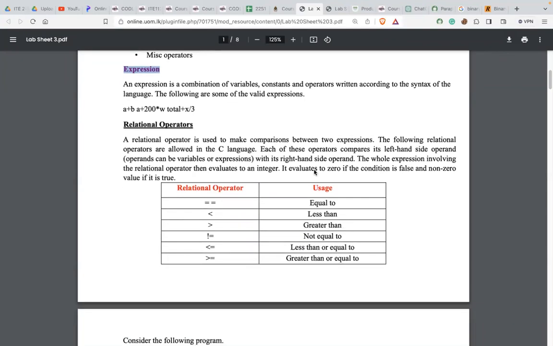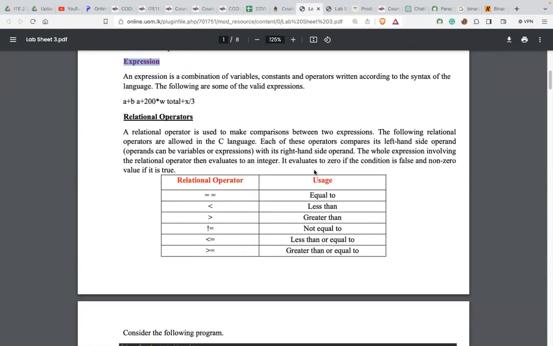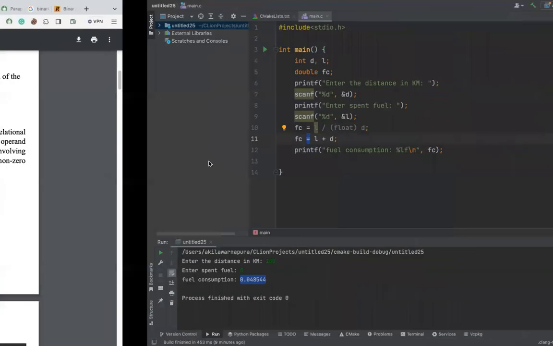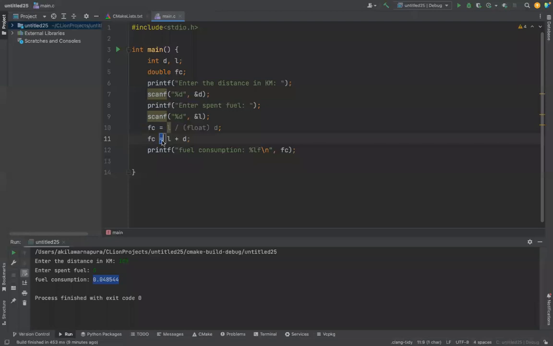Each of these operators compares its left-hand side operand with its right-hand side operand. Operands can be variables or expressions. What I told you: if you take this assignment operator, there is a left-hand side and a right-hand side. Here the left-hand side, FC, is a variable. The right-hand side can be a variable or an expression.